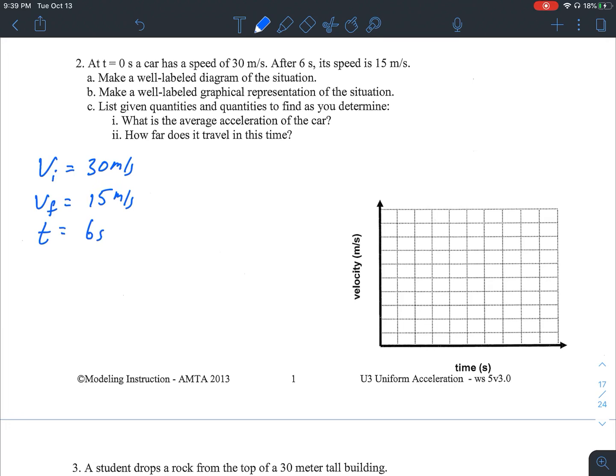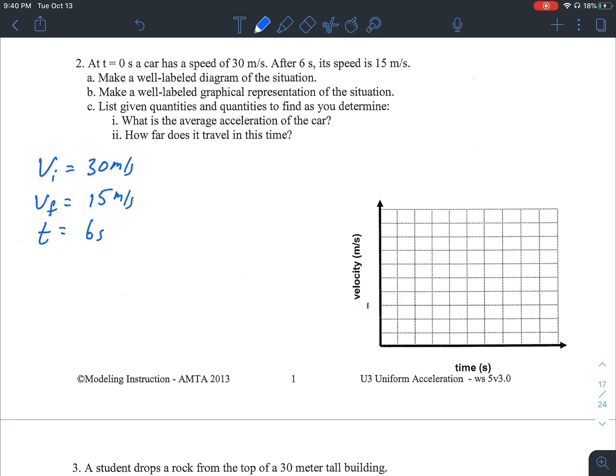This problem suits very well to starting off with sketching it on the velocity time graph because we don't need to do any other extra calculations or estimations, or scaling is not necessarily an issue. It's fairly easy to put these pieces of information on the graph. So we could say, make sure we scale our graph evenly.